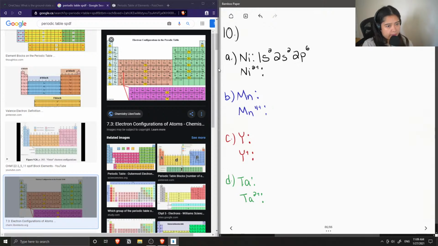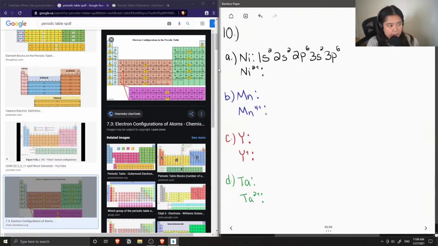And then going down to the next row is 3s2, and then 3p6, and then now we're going to the fourth row, but in most cases we like to write in order of increasing energy level.